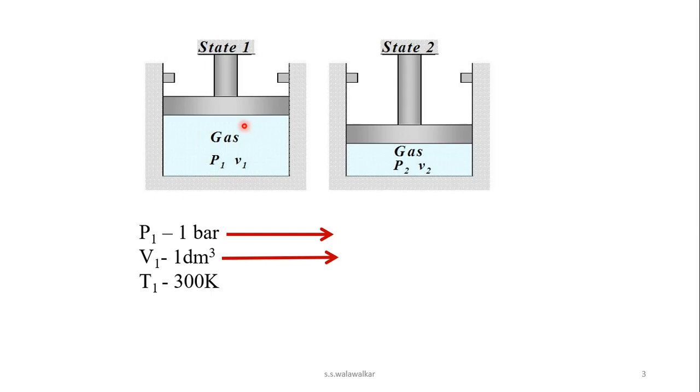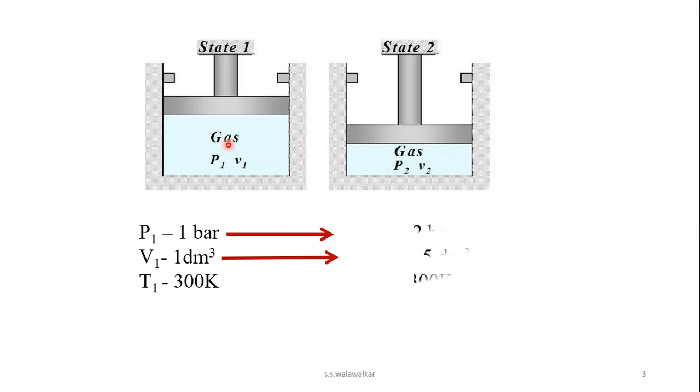All these properties describe the state of a system, that is, the system is in the initial state. Suppose in the initial state the pressure of this gas is 1 bar, volume is 1 dm cube and temperature is 300 Kelvin. Now all these three indicate the state of the system.